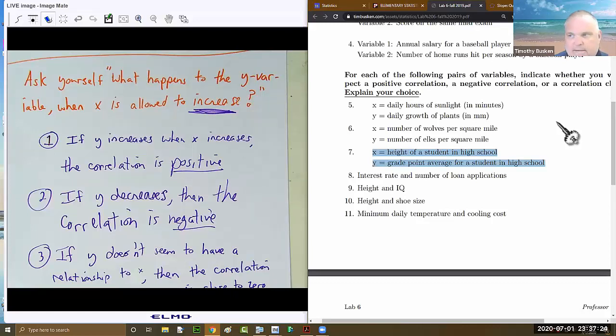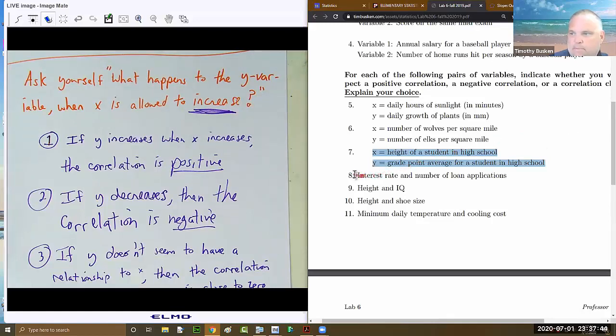And clearly, folks, those two variables are not correlated whatsoever. It doesn't seem there's any type of relationship between X and Y. So for question number 7, we would say that we believe the correlation is close to 0.